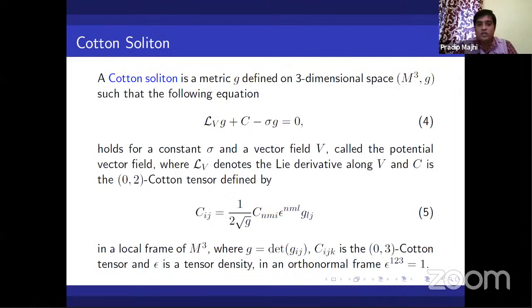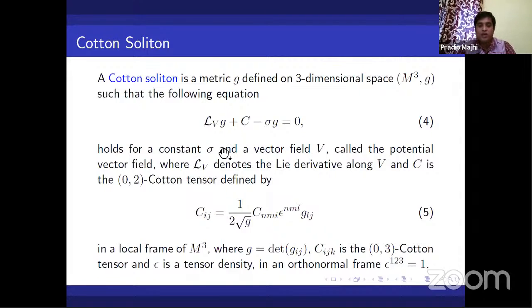A cotton soliton is a metric g defined on a three-dimensional space (M, g) satisfying the following equation, that is equation 3. In this case, C is the (0,2)-type cotton tensor, sigma is a constant, and V is the potential vector field.